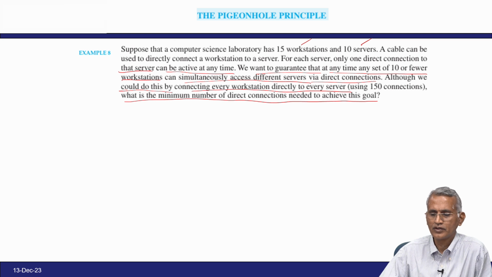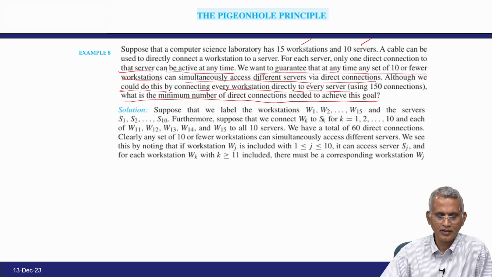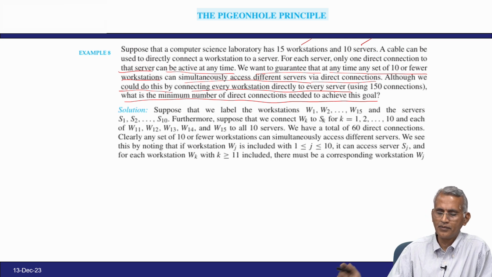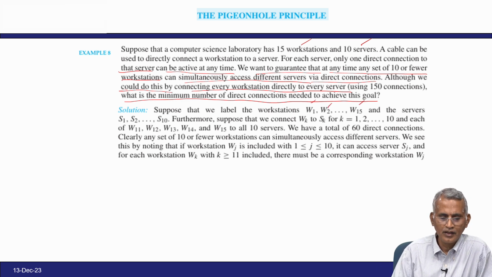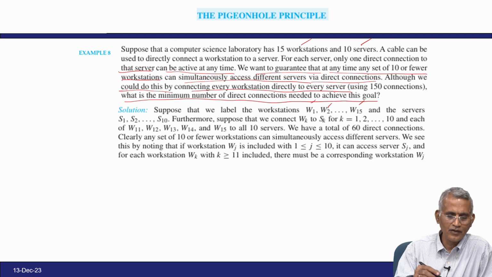So, we have 15 workstations and 10 servers, and we have to connect the workstations to the servers. That is the first assumption. Now, the question is the minimum number of direct connections needed to achieve the goal. Let the workstations be W1, W2 and so on up to W15, and the 10 servers be S1, S2 and so on up to S10.